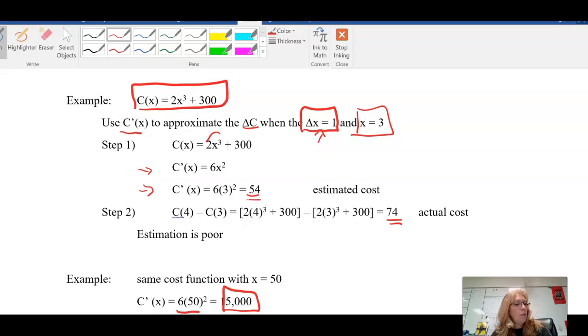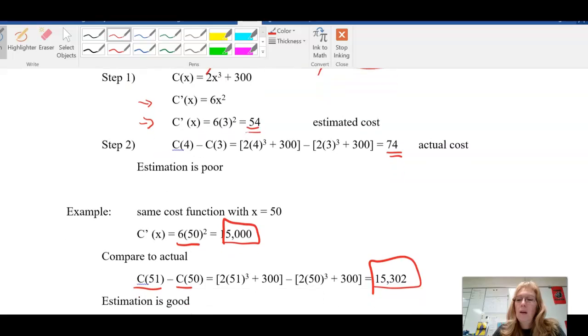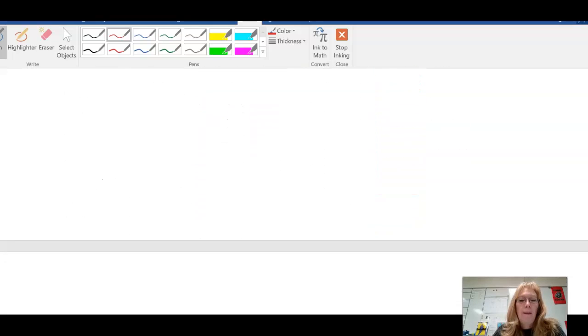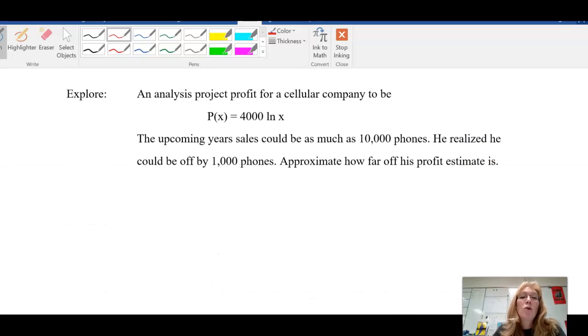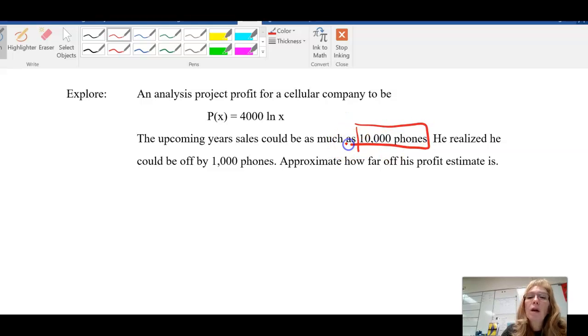Okay, I want you to pause and try yours. Okay, I put in natural log to see if you remembered how to do this derivative, because that is important. Upcoming sales should be as much as 10,000 phones. Could be high.